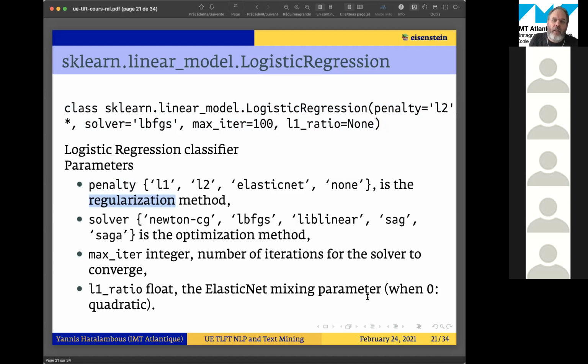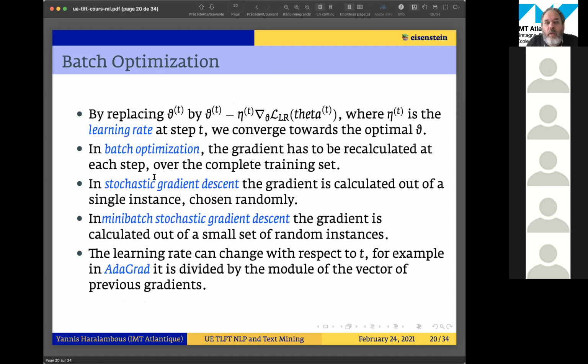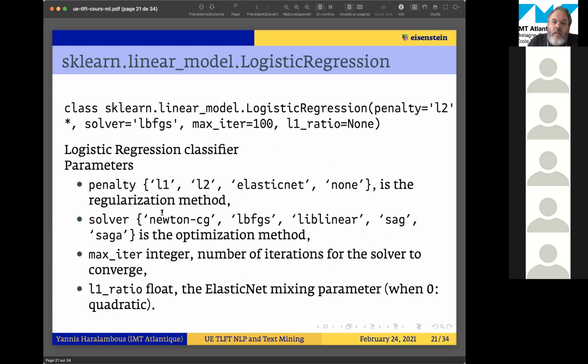So it's a penalty on the size of the parameter theta that we calculate. What is called solver is the optimization method. So this is an algorithm, since we have many steps. And this algorithm solves our problem. So this is called a solver.